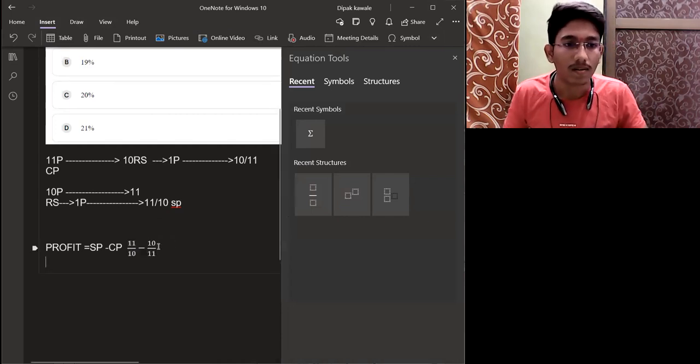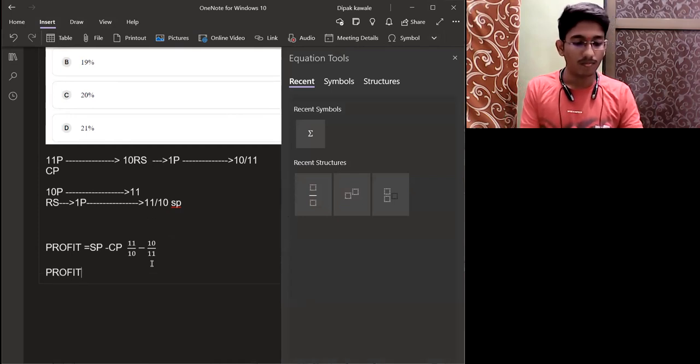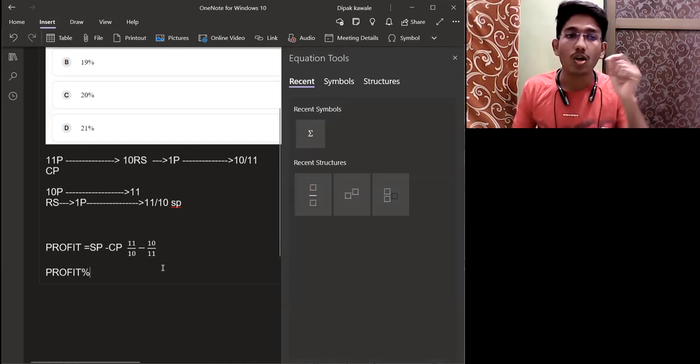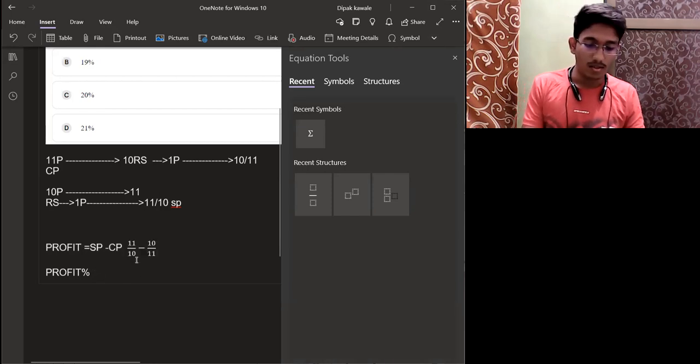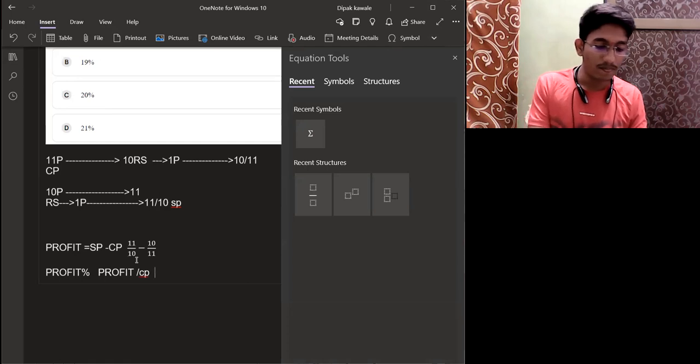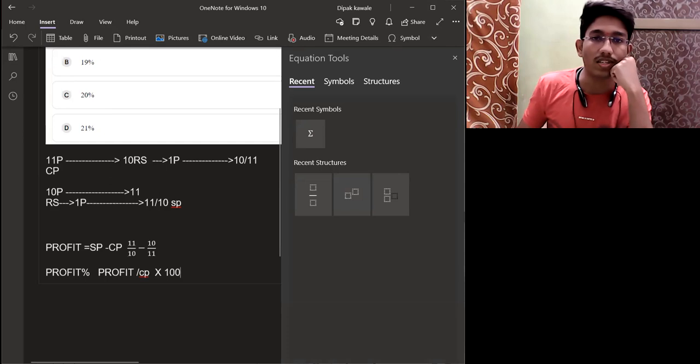This is my profit, but I want to find profit percent. That means I have to compare it with cost price. Whatever value I got, I have to compare it with my cost price, and then again multiply it by 100. Then only I will get profit percent.